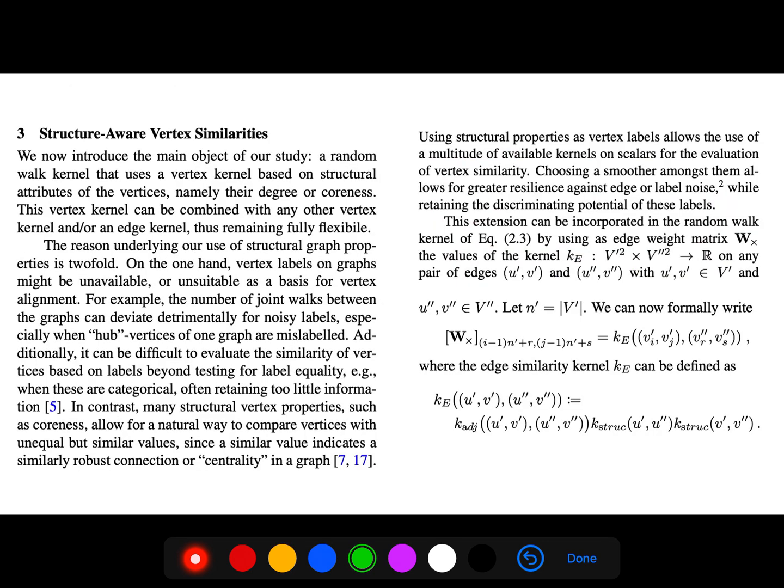The reason underlying our use of structural graph properties is twofold. On one hand, the vertex labels on graphs might be unavailable or unsuitable as a basis for vertex alignment. Using structural properties as vertex labels allows the use of a multitude of available kernels on scalars for the evaluation of vertex similarity.